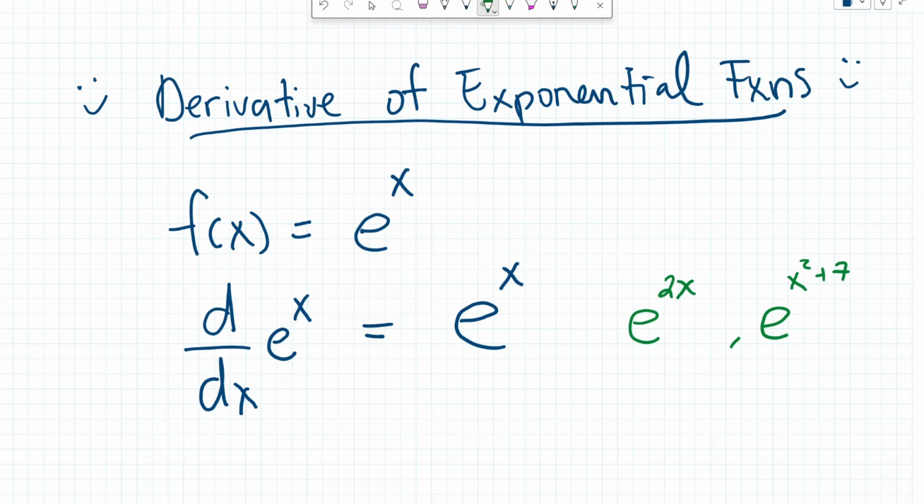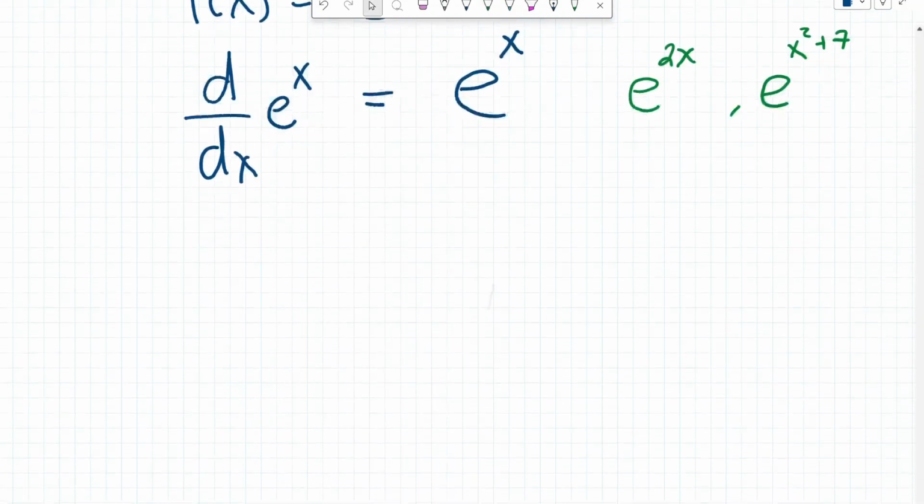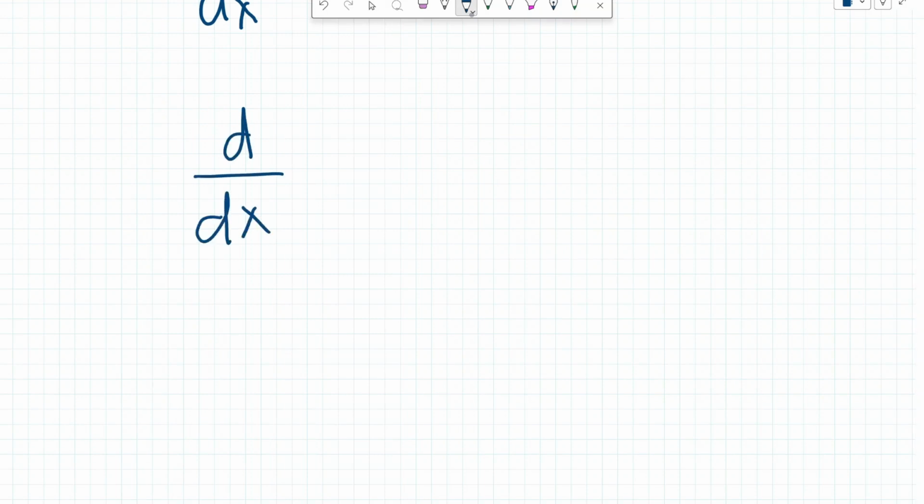So let me show you the general way how to find the derivative for any function g of x. So let's say we have some function. We're taking the derivative of e to the power of g of x. So instead of just having x in the exponent, we now have g of x in the exponent.